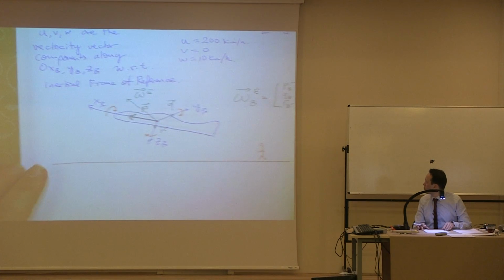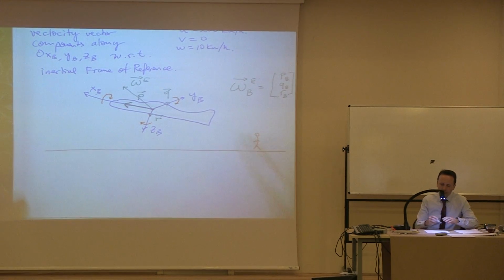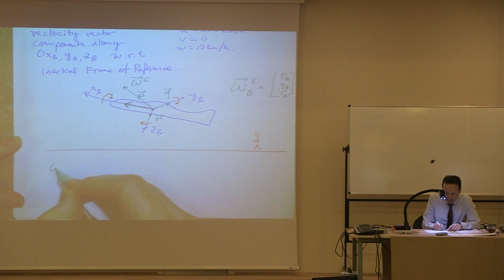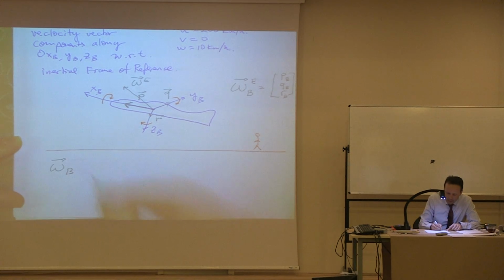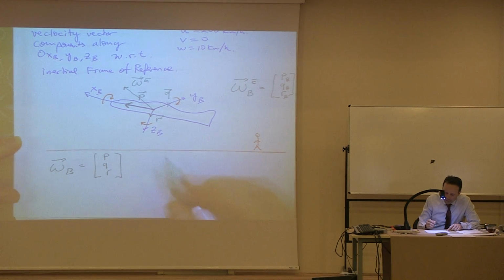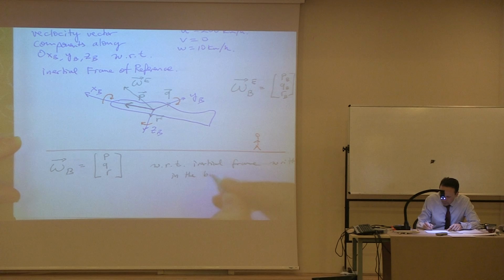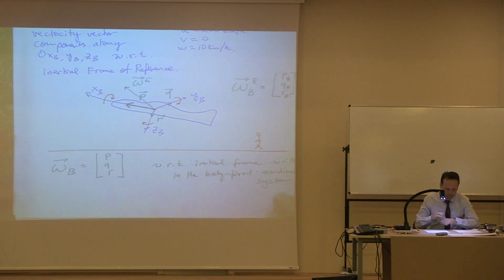But I'm going to make the same agreement with you, saying that if I don't write anything, in other words, if I just write P, Q, and R, they will be with respect to inertial frame, written in the body fixed coordinate system. Is that good?